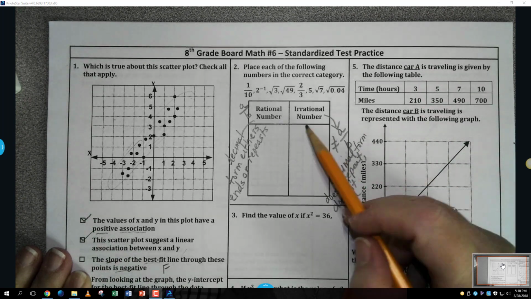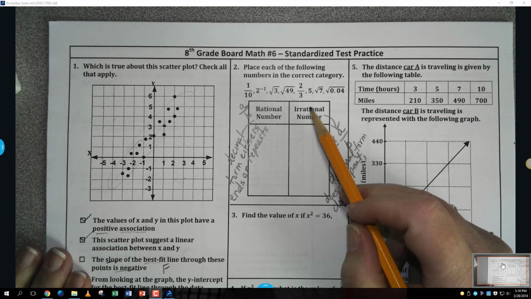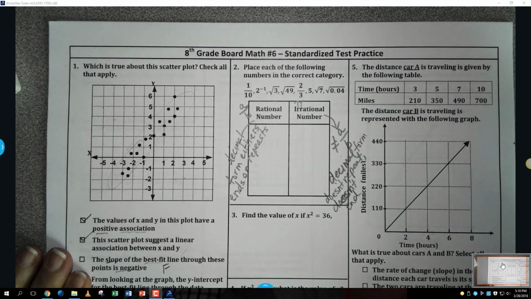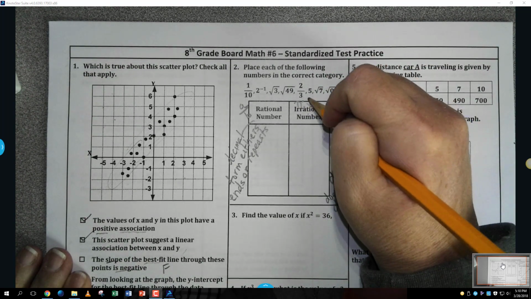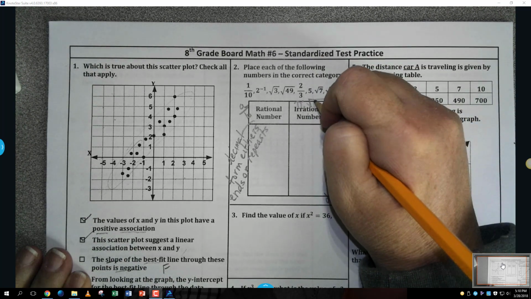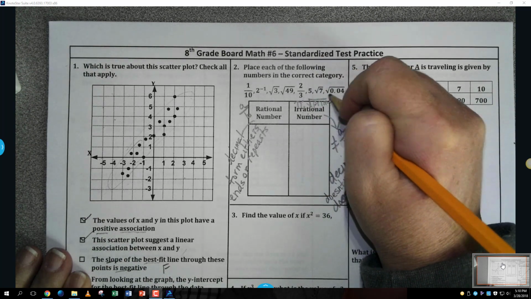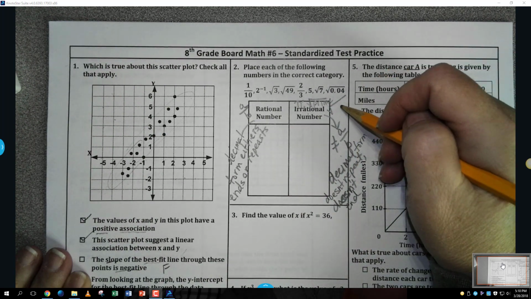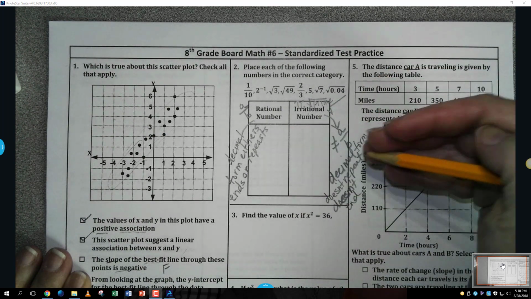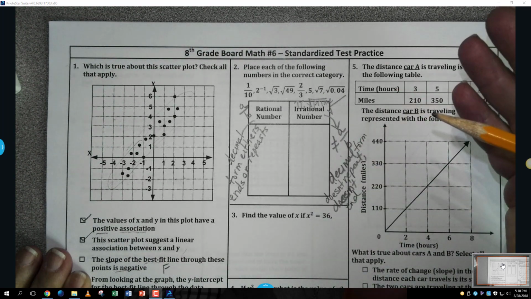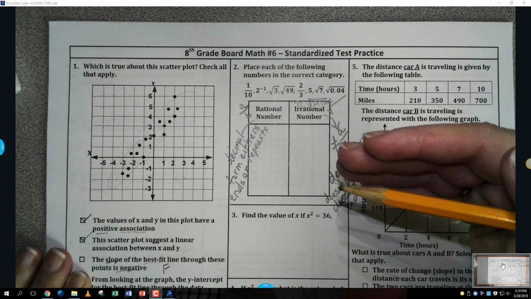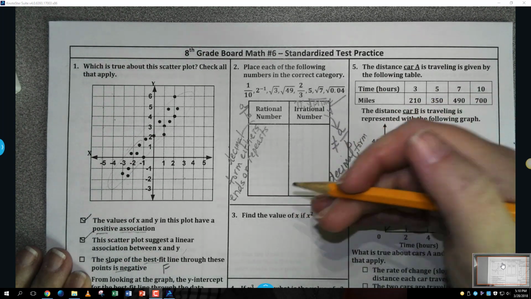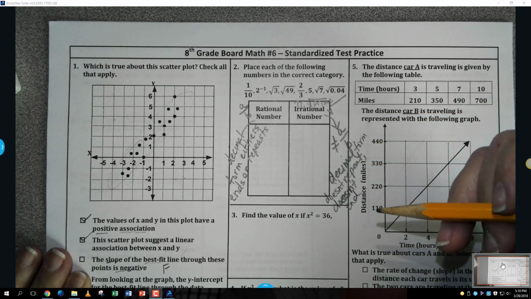An irrational number for sure is anything that includes pi, and it is also the square root of any prime number, or the square root of a composite. A composite just means, besides 1 times 2, for example, or 1 times 3, or 1 times 5, all of those would be 1, 2, 3, 5. Those are prime numbers.